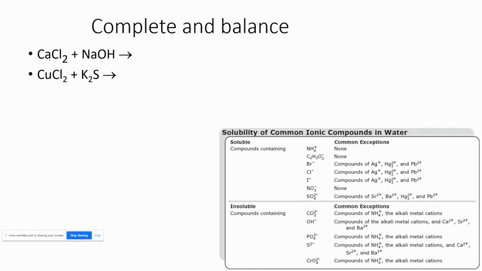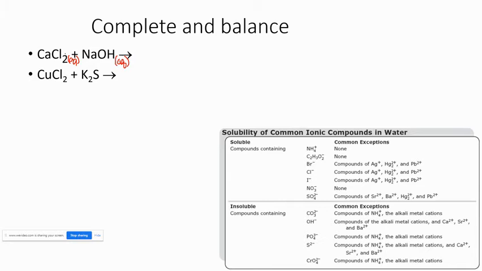So calcium with chlorine, we could just put AQ because we know that it dissolves. Hydroxide is not soluble unless it's with an alkali metal. Sodium is an alkali metal, so this right here is soluble. We can write AQ. And that's what this chart does. It tells us which things are soluble and which are not.